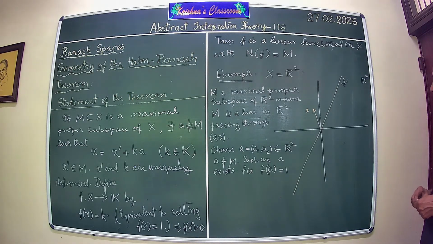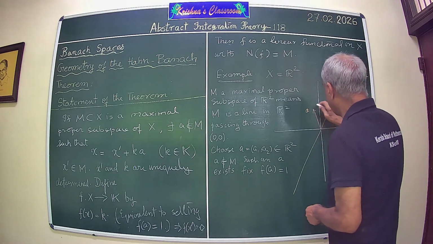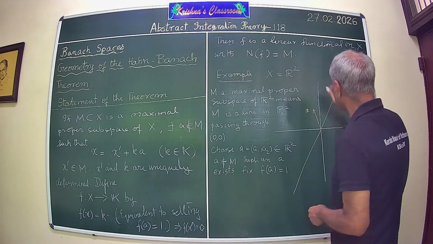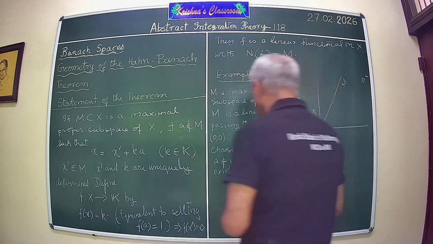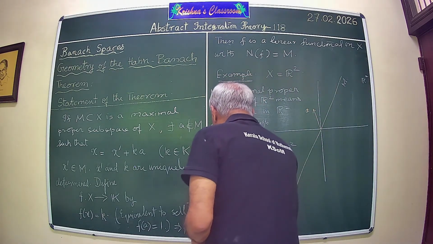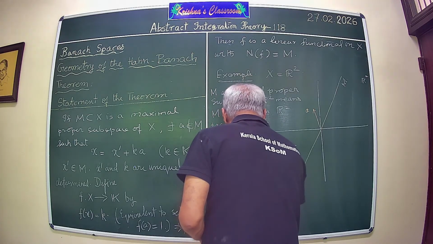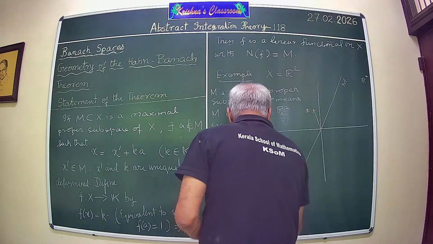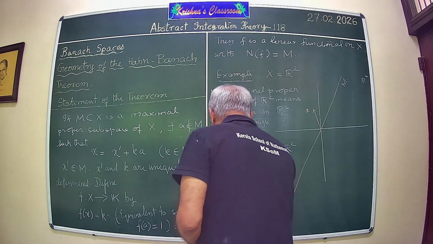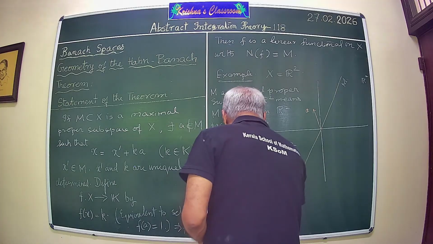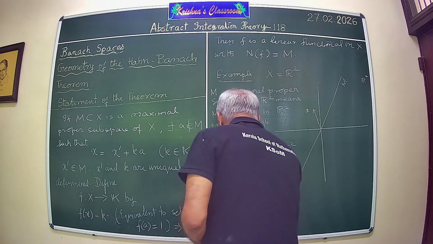Okay. Now what happens? You can show that for any b which is equal to a plus x prime, with x prime belonging to M, f of b is also equal to 1.